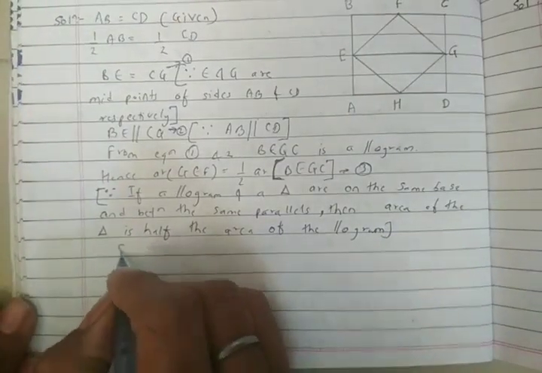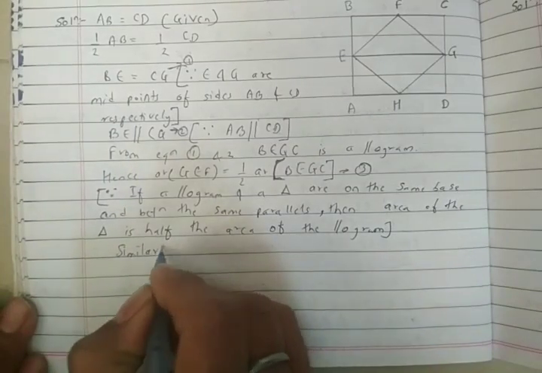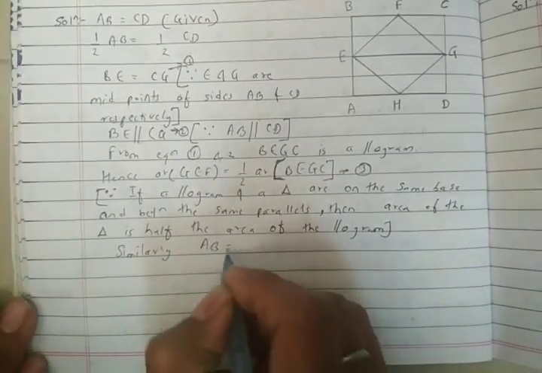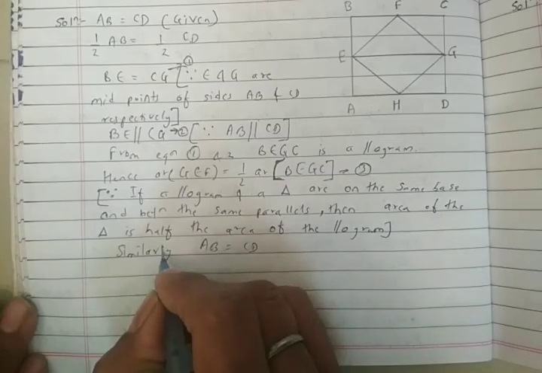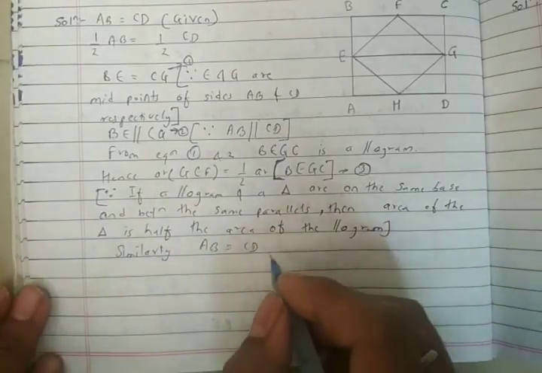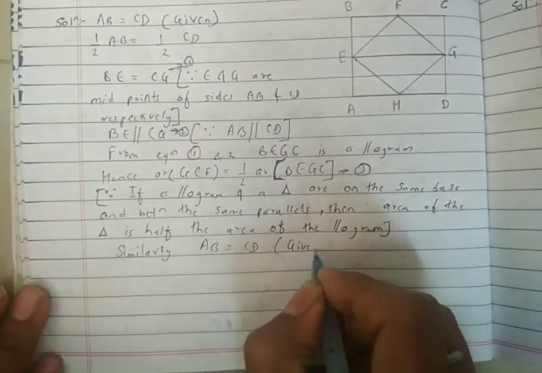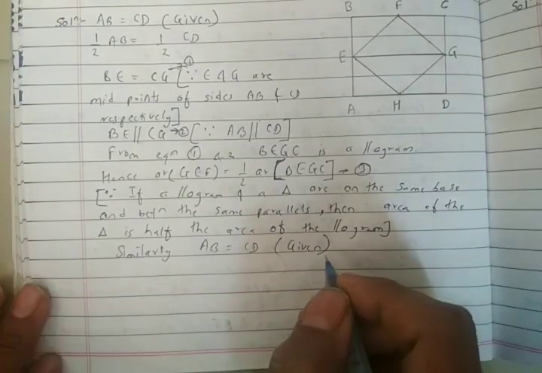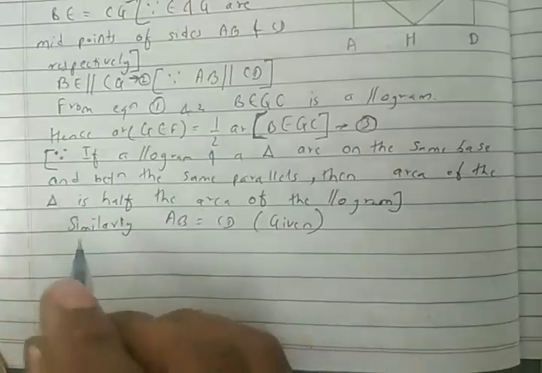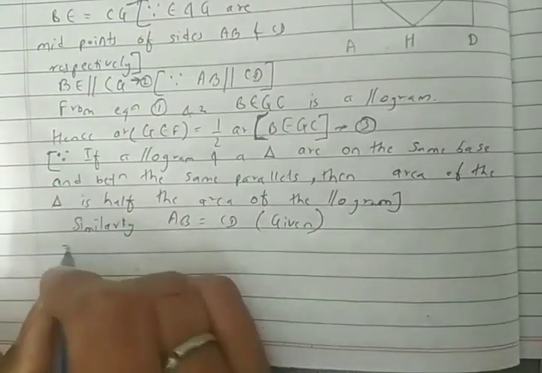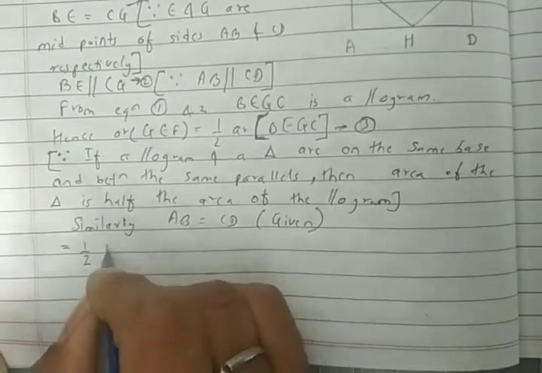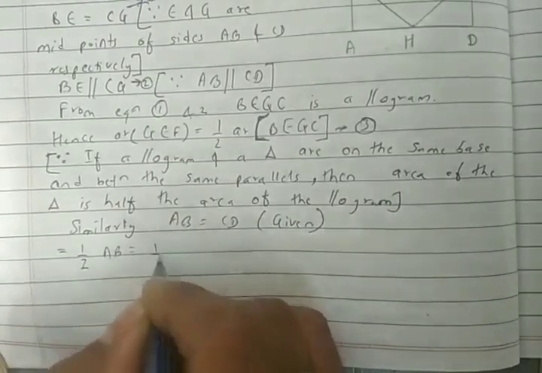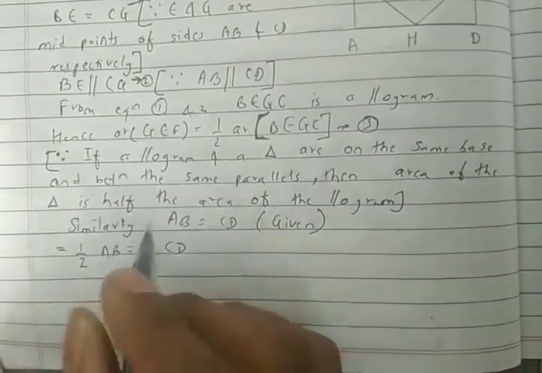Similarly, AB is equal to CD. This is given. Now here also we will multiply by half on both sides.